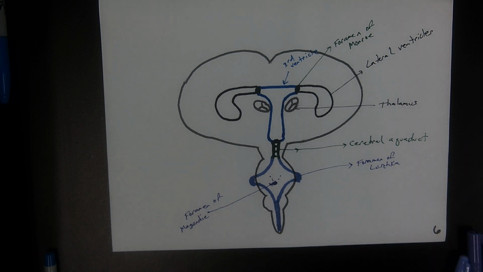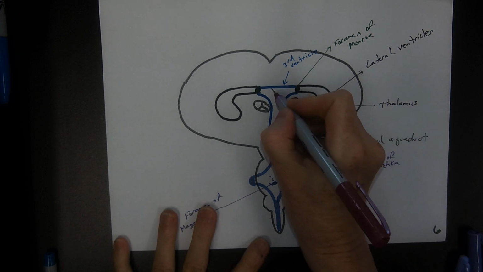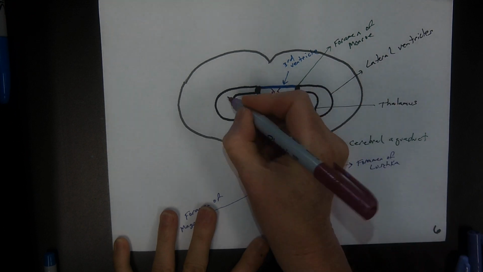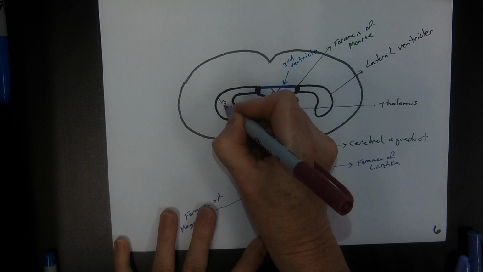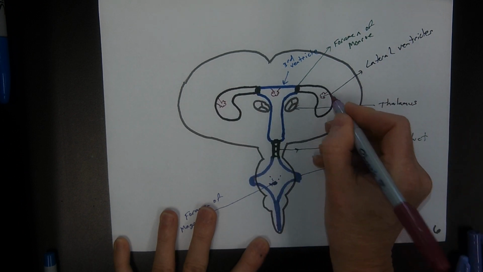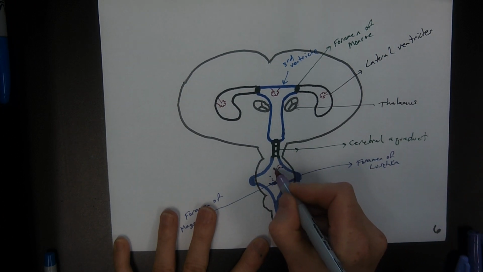Inside every ventricle, there's something that makes CSF, okay? And we can see them when we look at cross sections of the brain. So every ventricle has a bunch, and I'm just going to represent them like this. Also realize that they're everywhere.